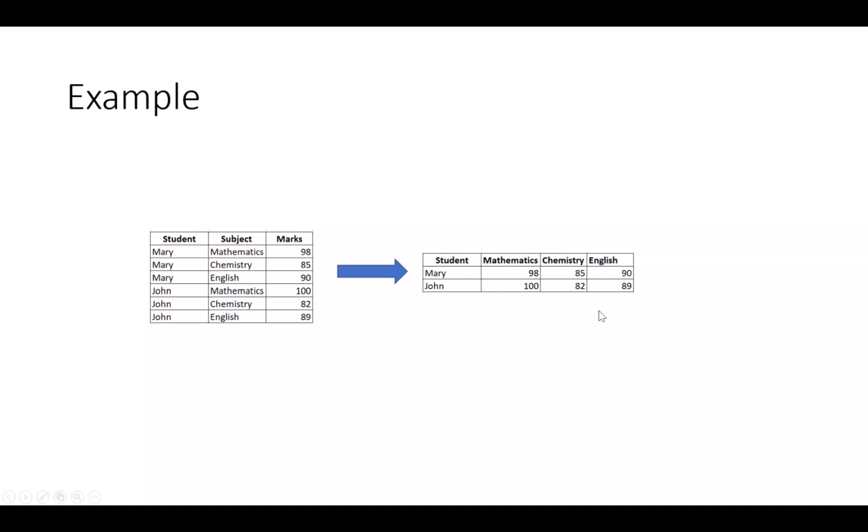And now let's look at this view. The comparison between the two students and their scores becomes so much easier. Right? Isn't this a much better view? If somebody asks me who got better marks in math, I can easily tell John got better marks. Who got better marks in English?